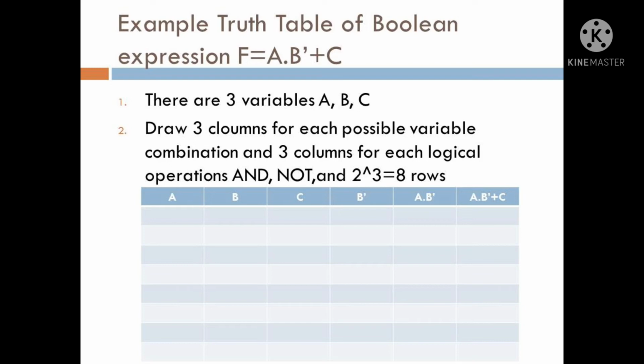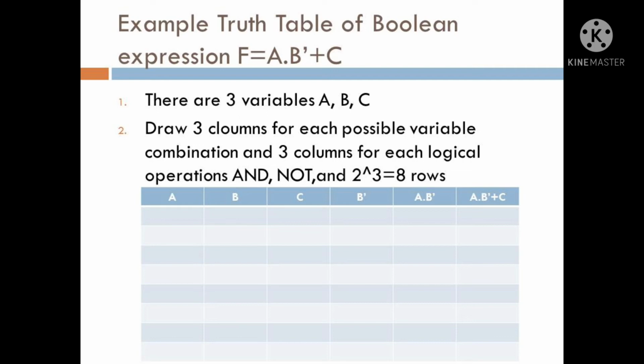Then there are 2 expressions, b complement and a into b complement, then a into b complement plus c. That means 3 expressions are there. So we want to make 6 columns, 3 columns for variables and 3 columns for logical expressions.